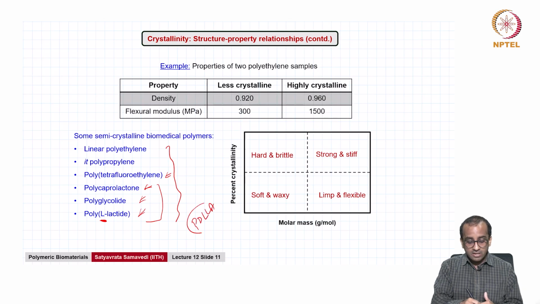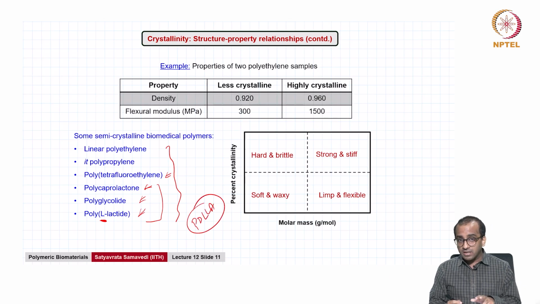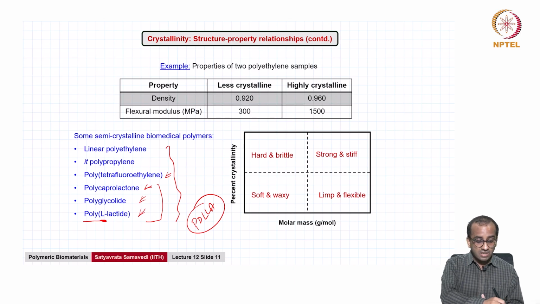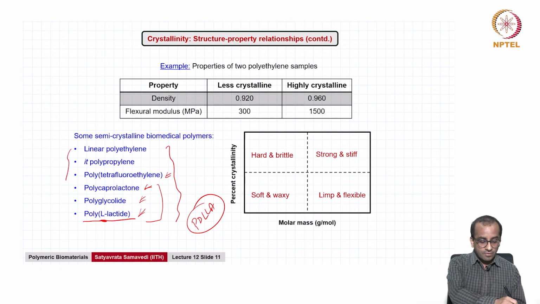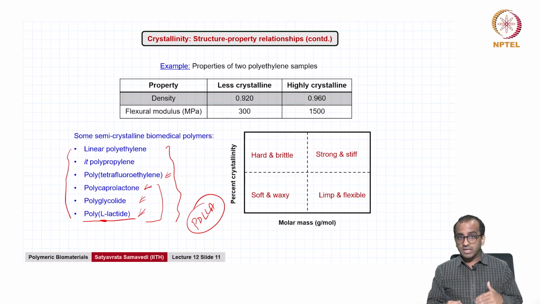DLLA, which consists of both D and L, we have seen earlier is not the same as PLLA. So, these are some examples of biomedically or clinically important polymers that are semicrystalline.